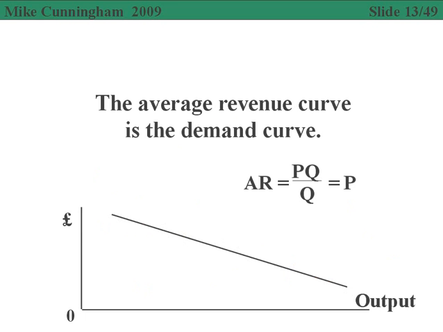If we just put average revenue in here, average revenue is equal to total revenue divided by quantity. Total revenue is price times quantity. That's how you work out the total revenue, the price times the number of units sold. The average revenue is price times quantity divided by the quantity. The Qs cancel, leaving the price. That's a demand curve, or it's a representation of a demand curve.